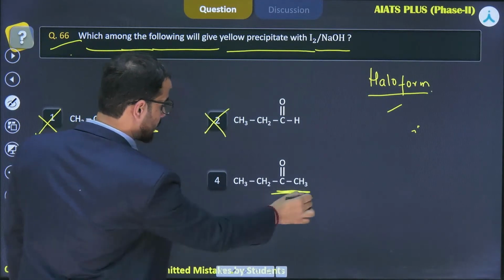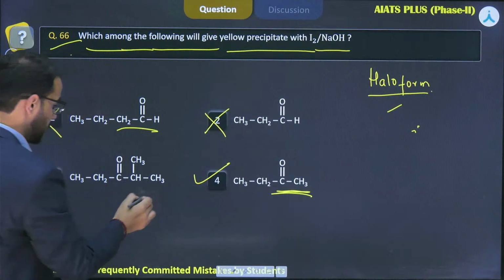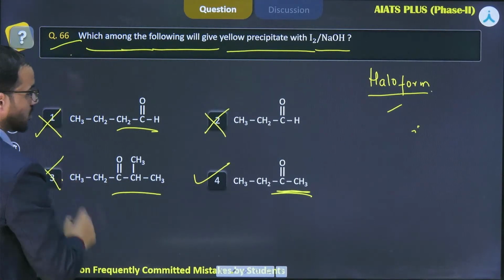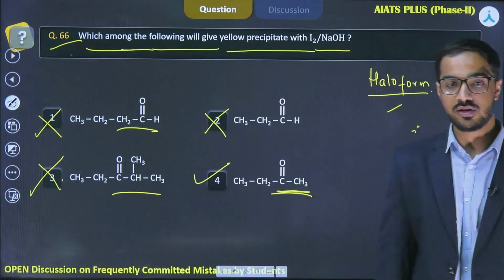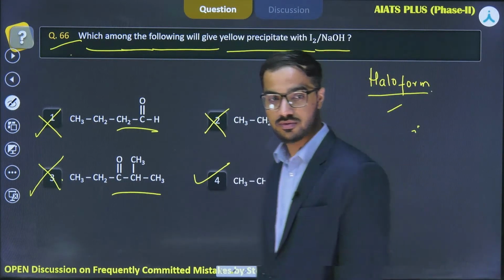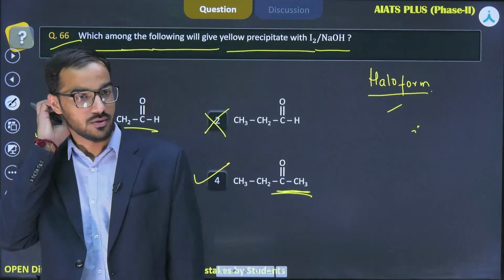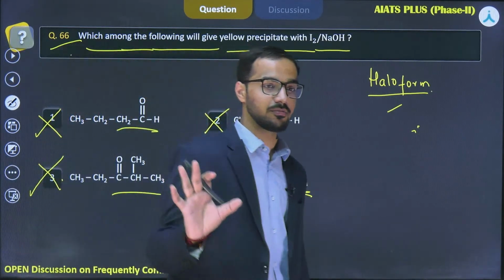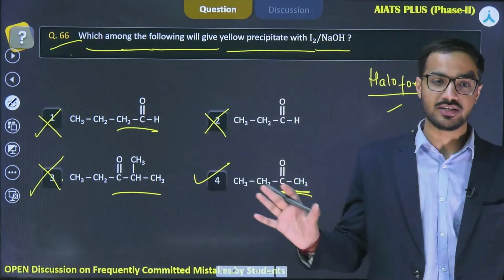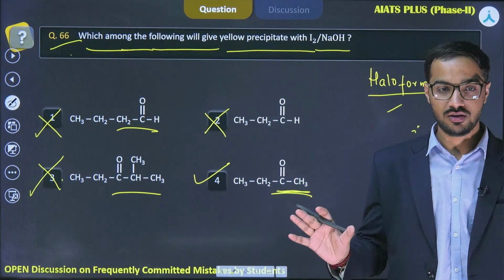Only this one has the methyl ketone, so this can give. This will also not. So option number 4 is the correct answer. Everyone just write understood. Have you understood?